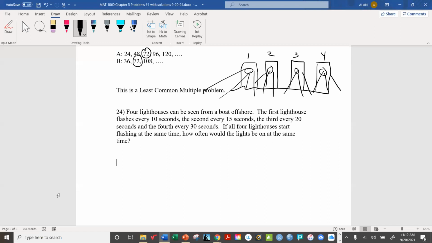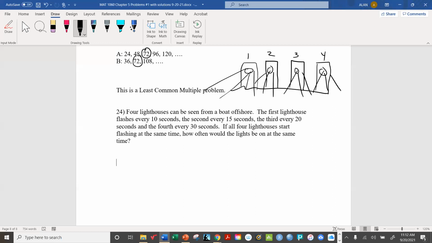So the least common multiple of these lighthouses is 60 seconds. They will all flash together every 60 seconds. There will be more flashes, of course, but you can count on that. So every 60 seconds, they're all going off at once.